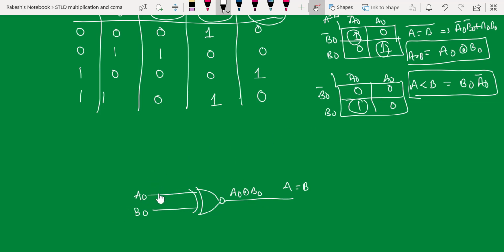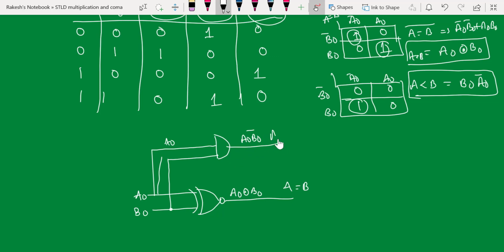Now I'm going to consider A greater than B. For A greater than B, I'm going to take an AND gate, and this will be A0 times B0 bar. You are going to produce an output A0 times B0 bar.